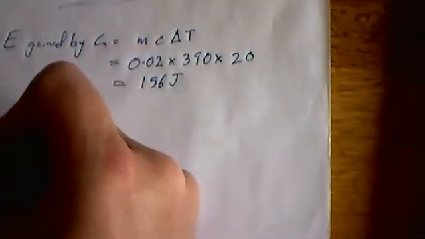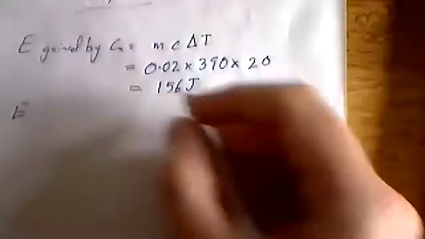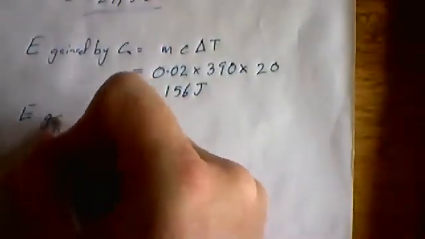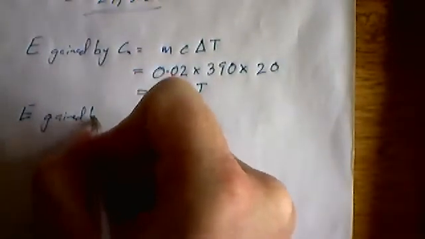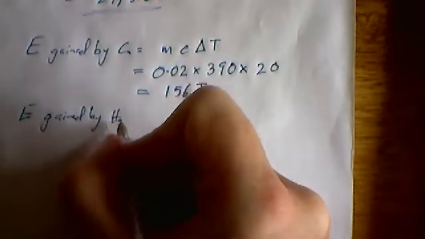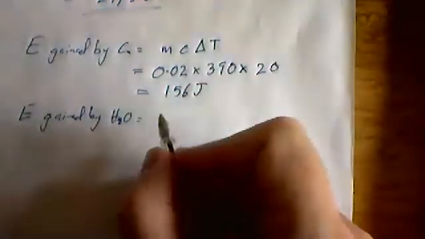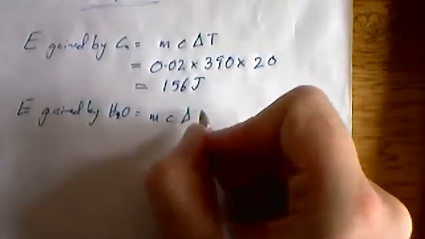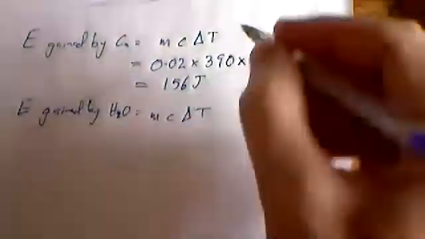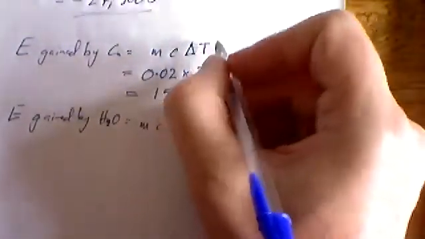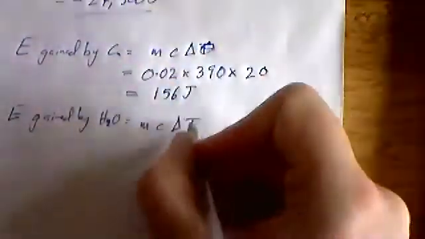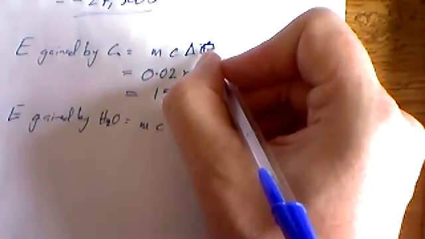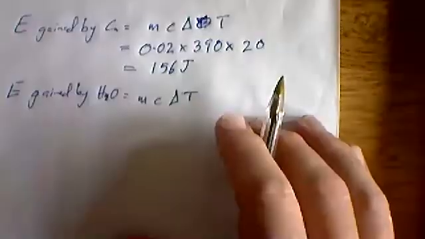The energy gained by water is going to be, again, mc delta T. I should be really using delta theta for these, to be honest, because this bit really should be delta theta.